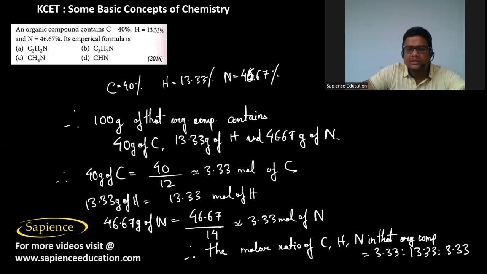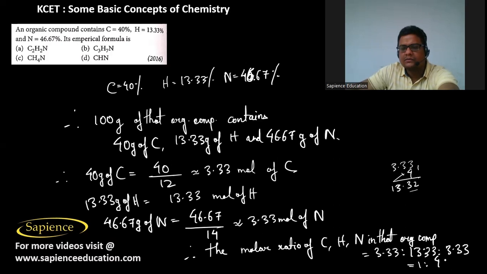Now 13.33, I can tell approximately, is 3.33 times 4. And 3.33 times 4 is approximately 13.33. So this molar ratio, we can say, is approximately 1 is to 4 is to 1.